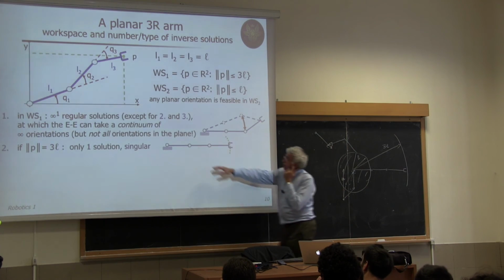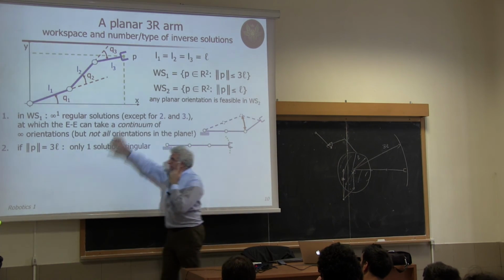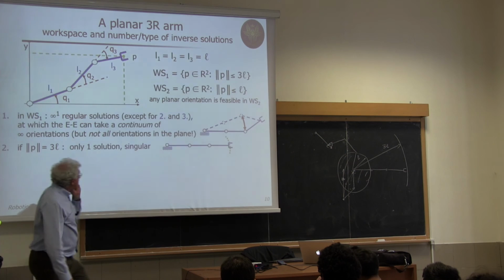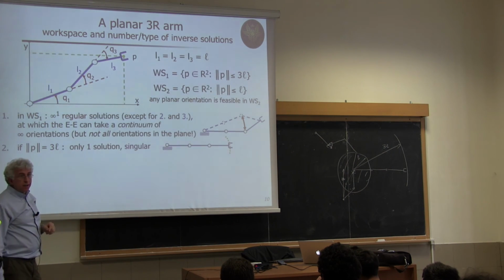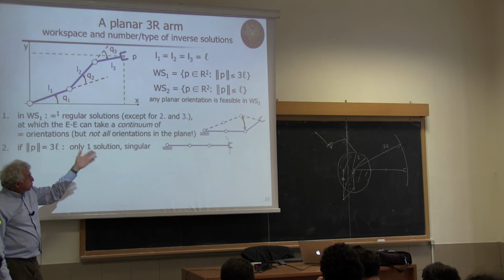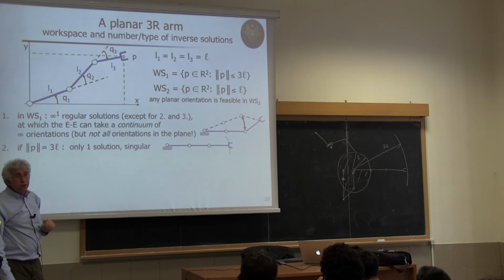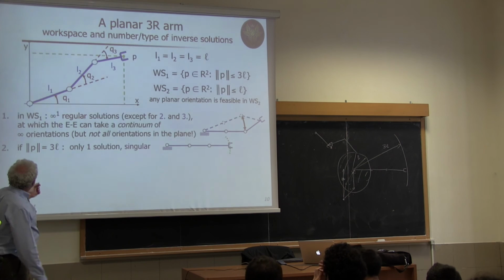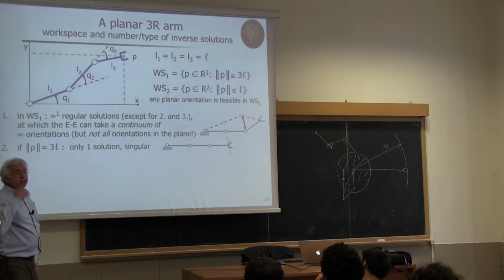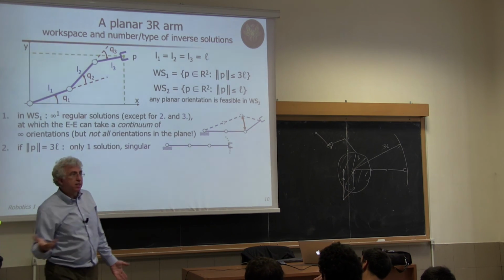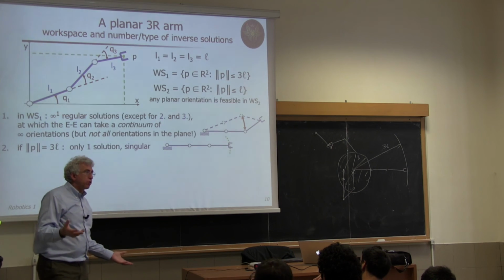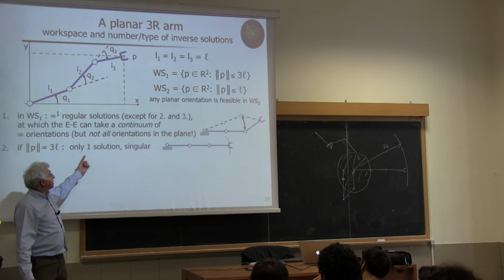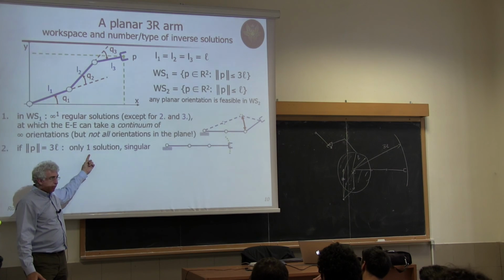Now there are these exceptions to the previous case. Those are all regular. If we later compute the Jacobian in any of these configurations, we will find a full rank matrix. Okay? Now, if we stretch the arm, well, this is easy. How many inverse solutions are there? Only 1 solution. Okay?